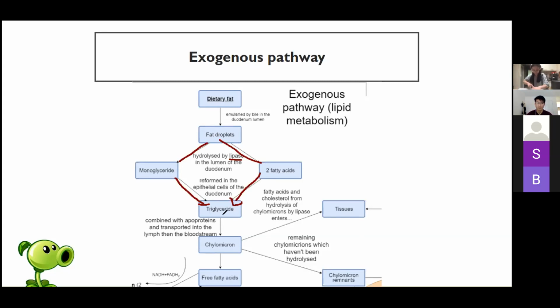So they get packaged in chylomicrons, and then they can deposit free fatty acids to tissues, which can undergo beta oxidation, which I'll explain later. And then some of the chylomicrons don't get into the bloodstream. They actually go into the liver instead, which I'll go through now.